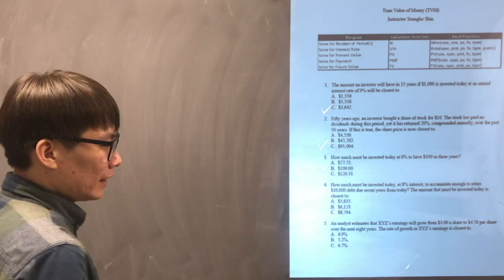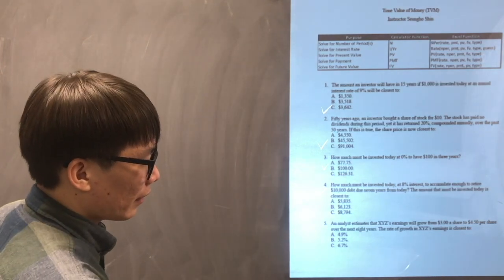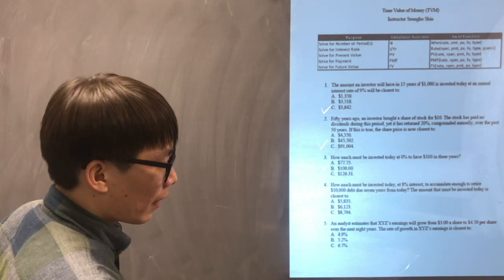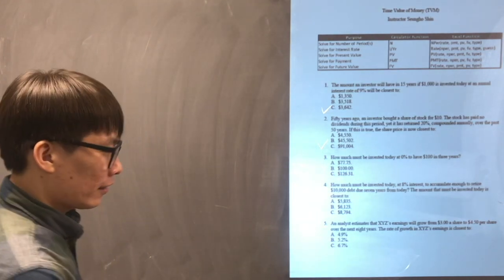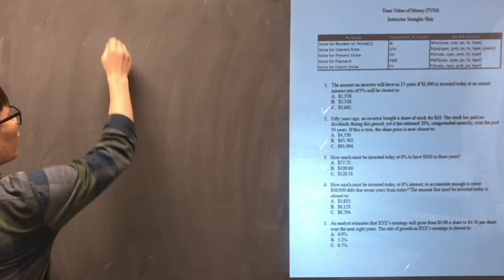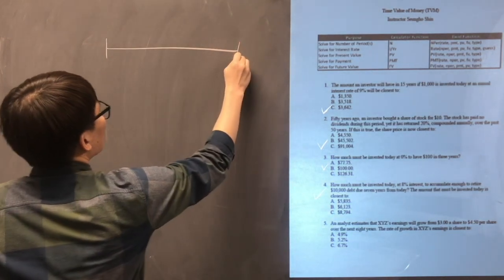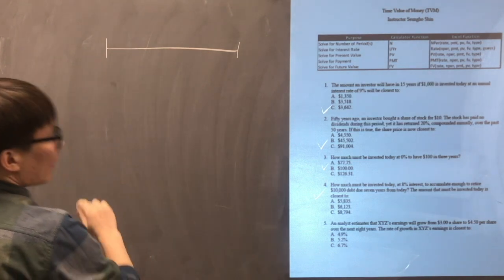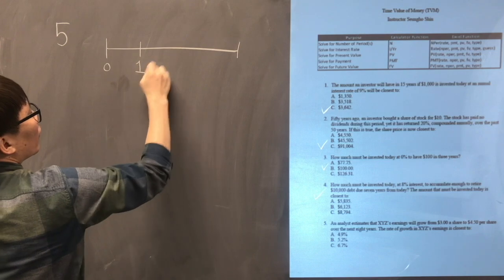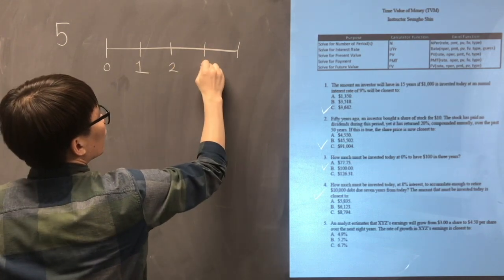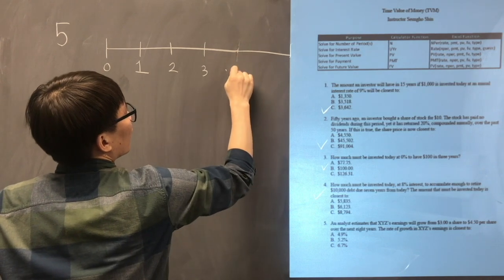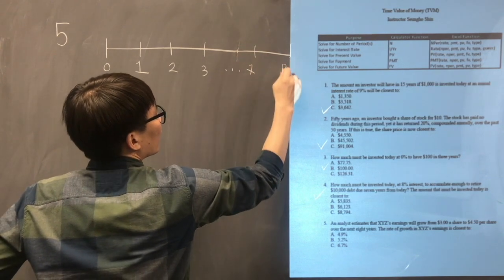An analyst estimates that the company's earnings will grow from $3 to $4.5 over the next 8 years. Now, figure out the interest rate, right? So we already know everything. How many years? 8 years. 0, 1, 2, 3, dot, dot, dot, 7, 8 years.